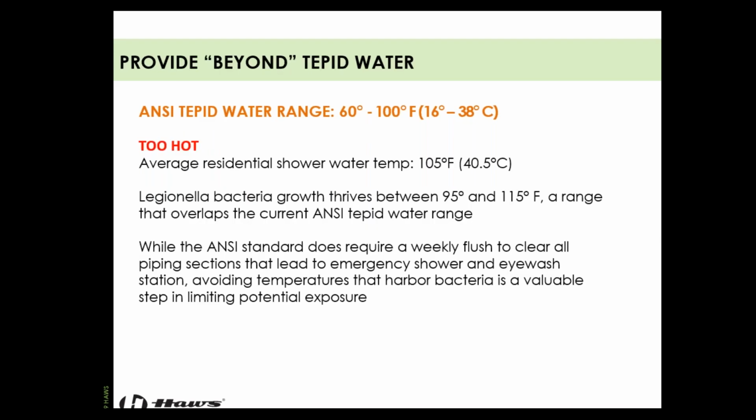If it's too hot, again, your average residential shower is like 105 degrees Fahrenheit. Legionella bacteria thrives between 95 and 115. So unfortunately, it kind of overlaps the ANSI tepid water range. Ideally, you want to aim for 85, which is most ideal. And you run the risk of hyperthermia, getting too hot too quick.